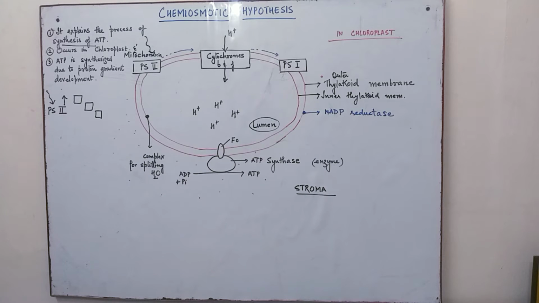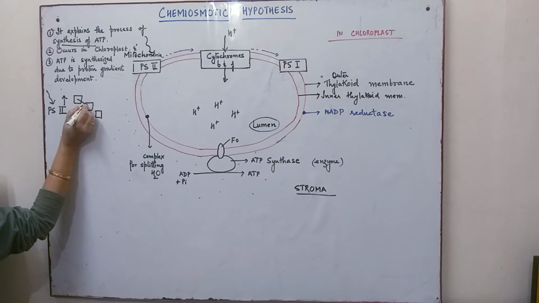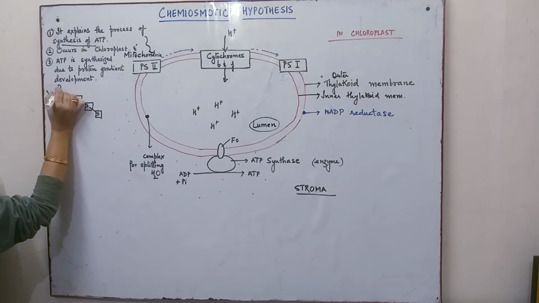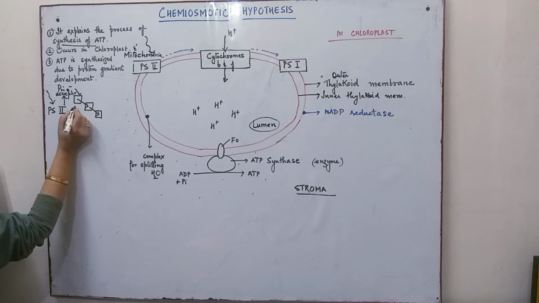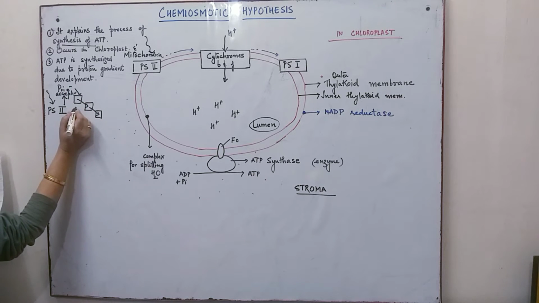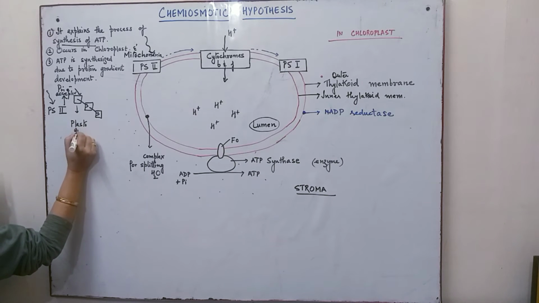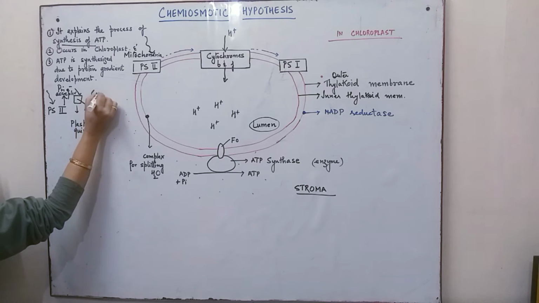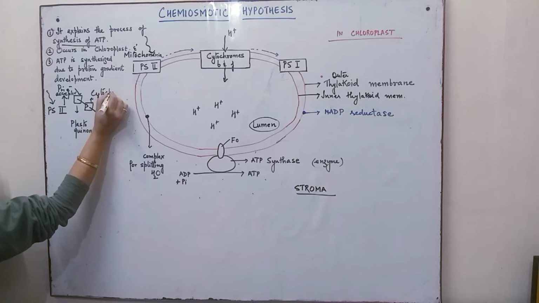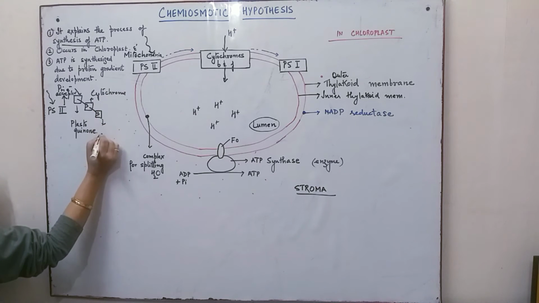So there are basically three members through which the electrons are transported. From the primary electron acceptor, the electrons first pass through plastoquinone, cytochrome and plastocyanin.